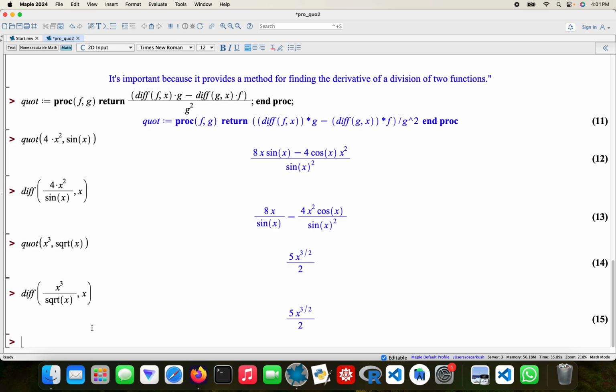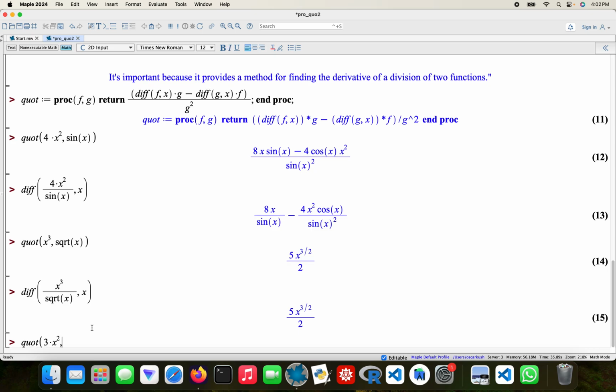All good. And then do another one as well. We're going to work with 3x squared and cos x. So quot, that's 3x squared and cos x.